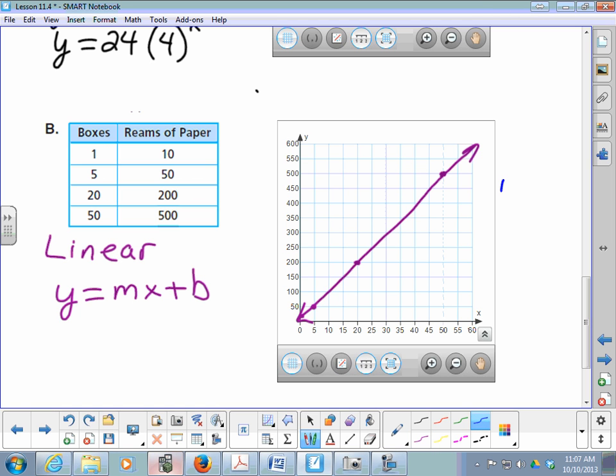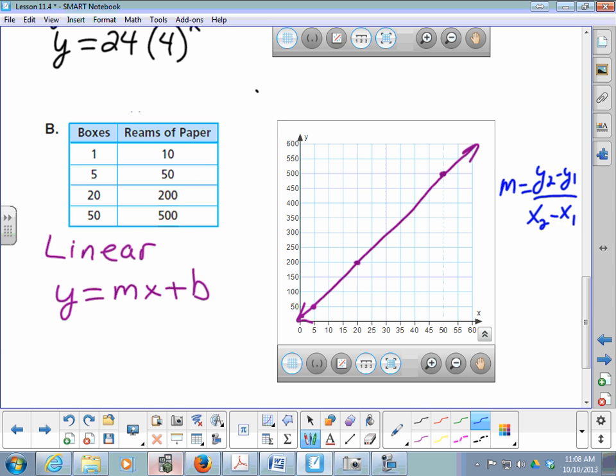Slope is the change in y over the change in x. So we take any two y values and subtract them, and the corresponding x values, and we subtract them. Does it matter which two I pick? No, it doesn't.